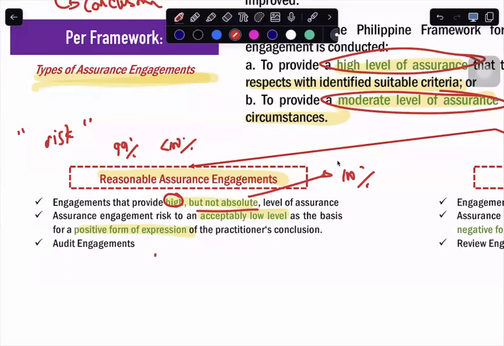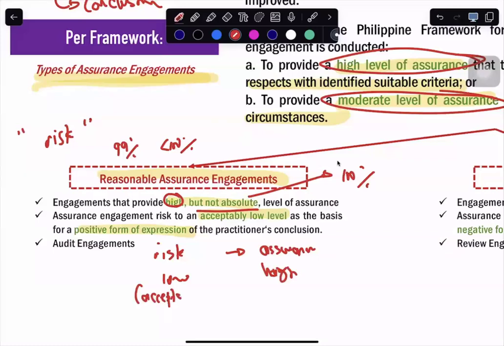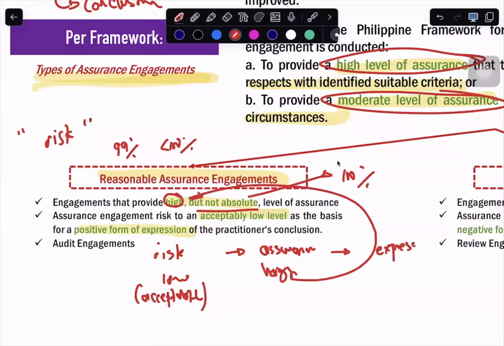Take note. If the risk is low, then the assurance should be high. Kaya nakalagay din dyan na dapat nasa acceptable low level ang ating risk para makapagbigay ng high assurance. And in short, because of that high assurance, our expression of opinion is in a positive form.